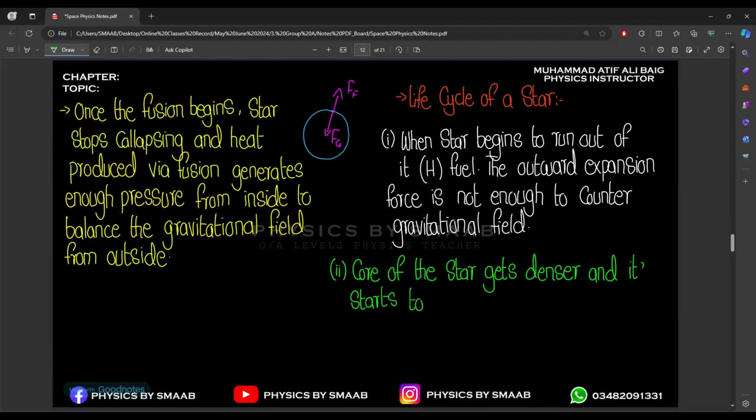So basically, hydrogen converts into helium. Hydrogen combines and forms helium. So now helium is available. Actually, when the core of the star gets denser, heavy nuclei are there. So the core starts to change the helium into other heavier elements.